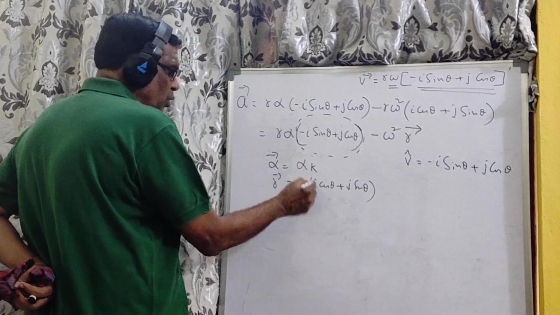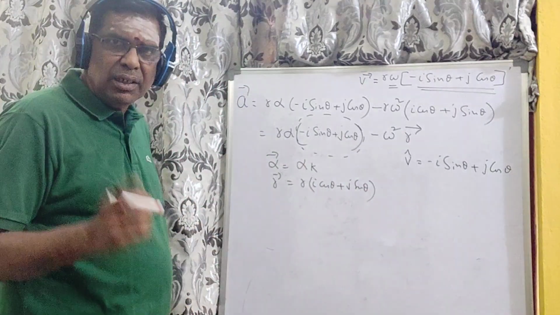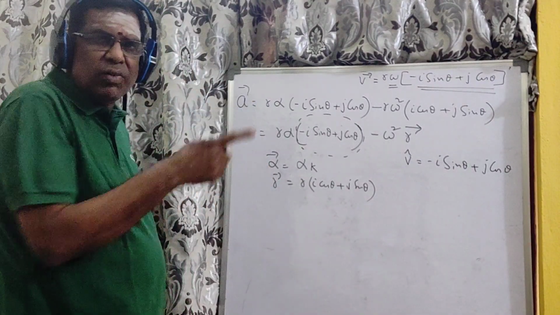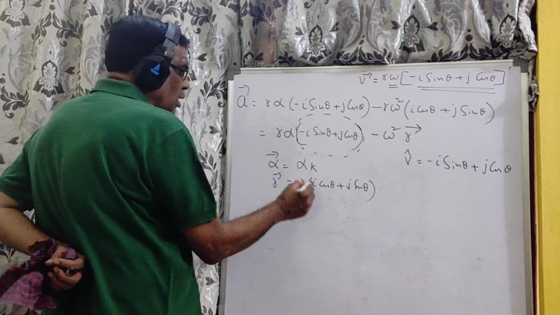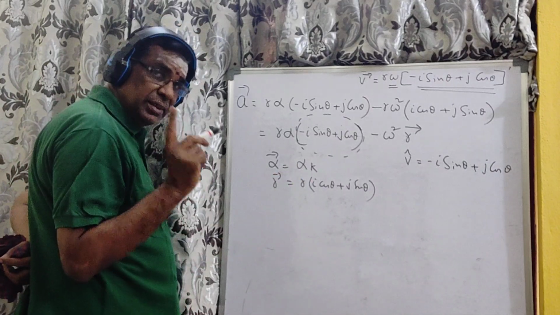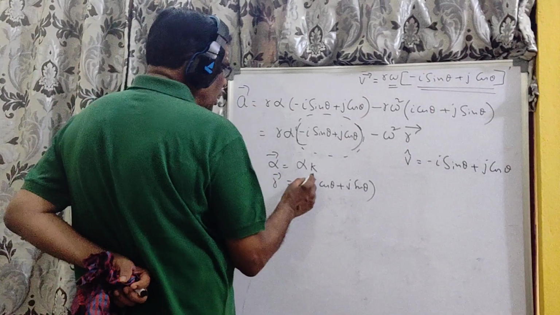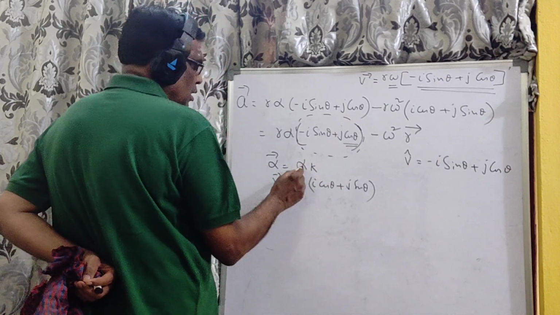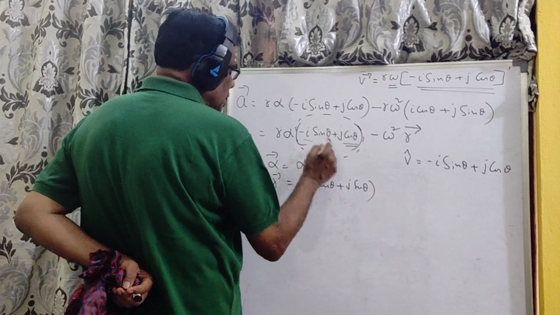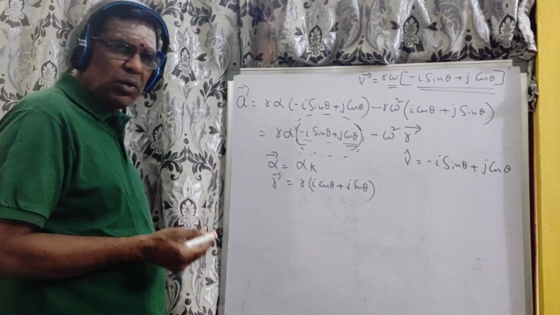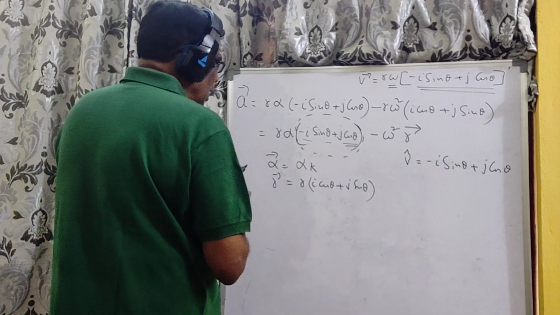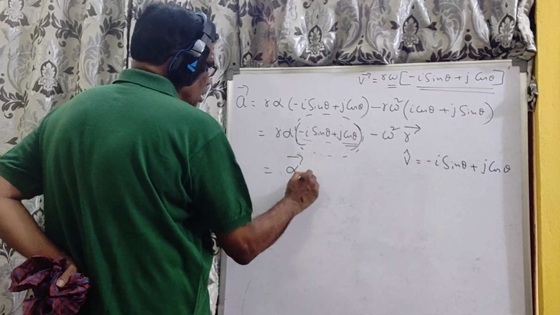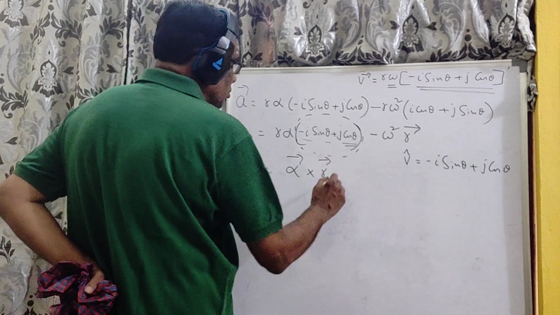Now, as before, if you take the cross product, only two possibilities, either R cross alpha or alpha cross R. So, alpha cross R means k cross I gives j, and j cos theta you are getting, and k cross j gives minus sin theta I. So, I can write it as alpha cross R bar.